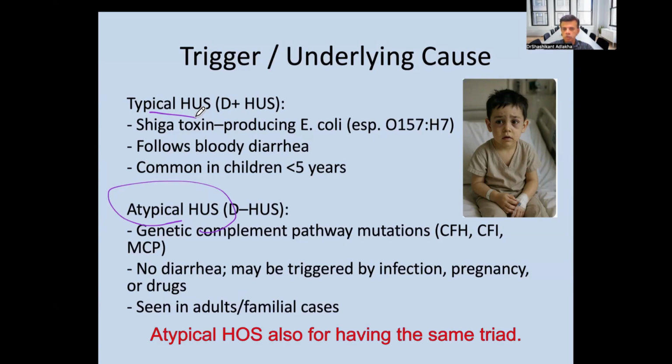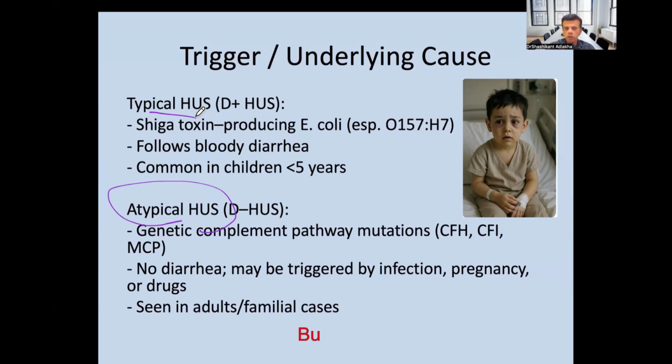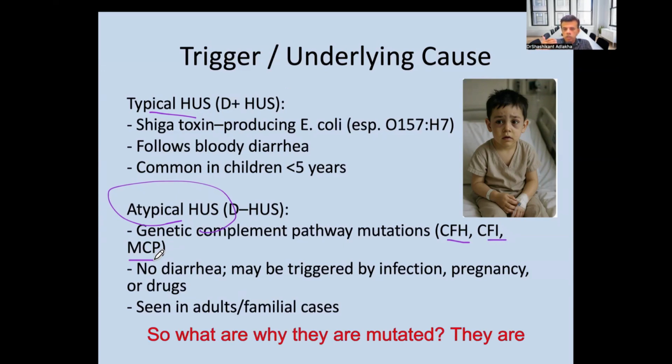Atypical HUS also has the same triad, but here there are mutations in complement factor H, factor I, and MCP, which is also known as CD46. Why are they mutated? They are mutated because they are unable to perform their function of inhibition of C3 and C5 convertase.